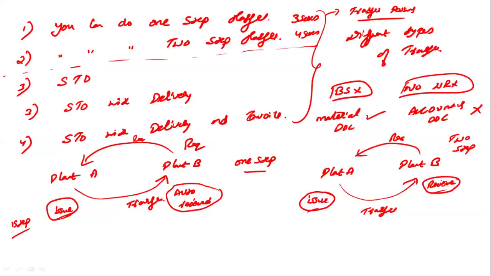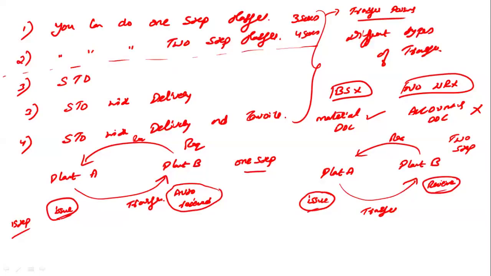Why I'm speaking about one step and two step here is that in STO also, you can have the option of one step and two step. Whenever the receiving plant, or customer, places an STO to the supplying plant, when the supplying plant receives the order, it will do the goods issue. Now the receiving plant can do the goods receipt, or it can be automated. When you're automating it, that is one step.